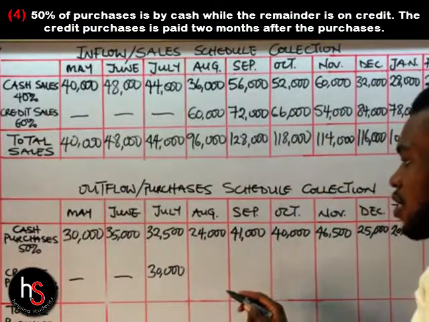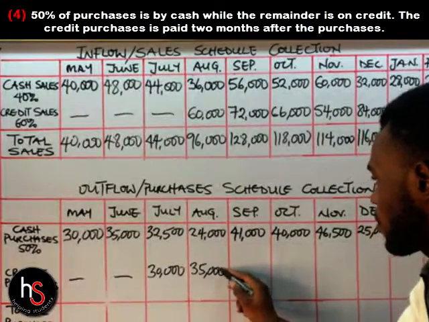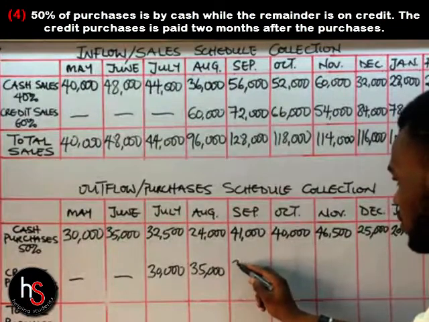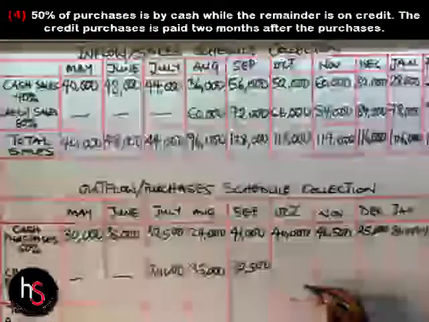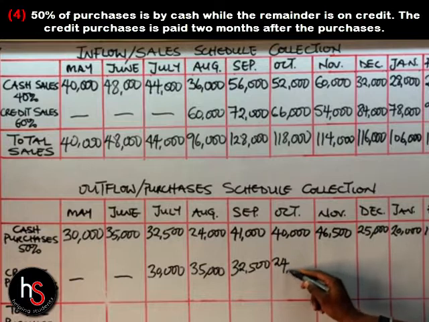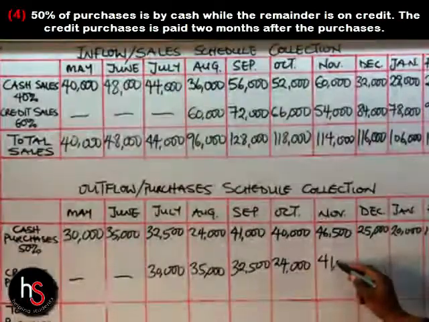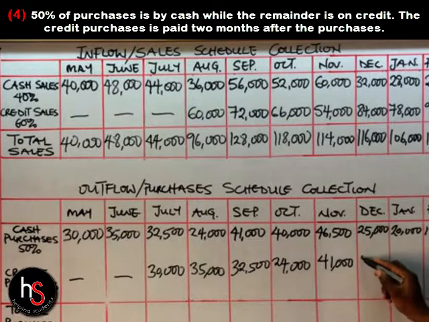In August, we have 35,000. In September, we have 32,500. In October, we have 24,000. In November, we have 41,000. In December, we have 40,000.